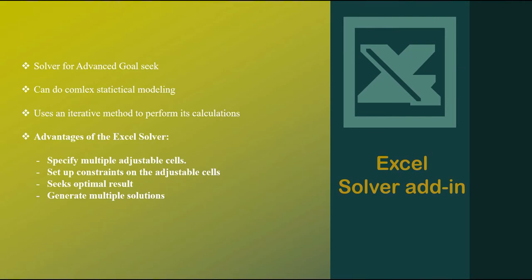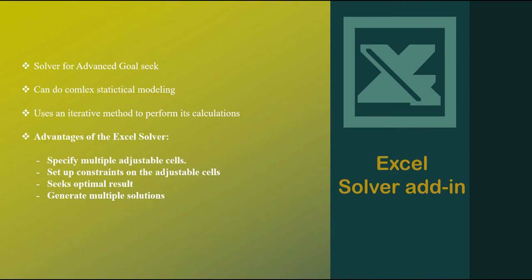Solver works with a group of cells called decision variables, or simply variable cells, that are used in computing the formulas in the objective and constraints cells. Solver adjusts the values in the decision variables cells to satisfy the limit on constraint cells and produce the result you want for the objective cell.